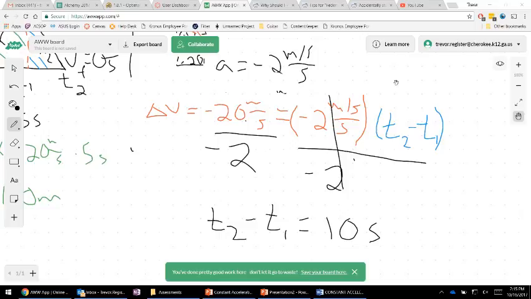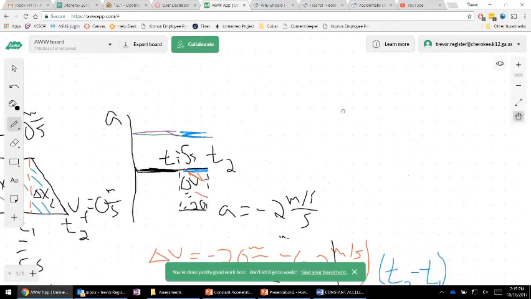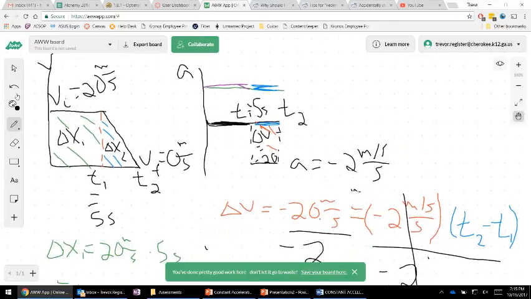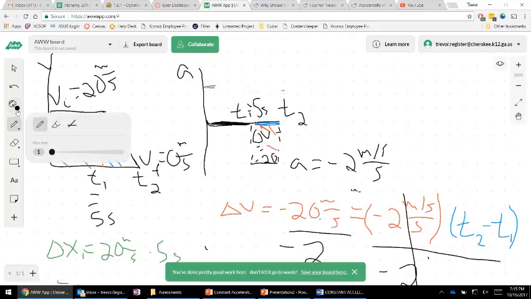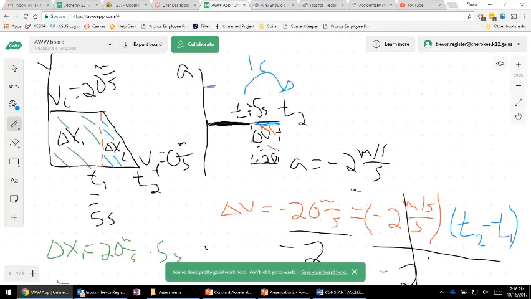What this tells us is that the gap here between T1 and T2 is 10 seconds. So from here to here is 10 seconds. Apologies, I got interrupted.